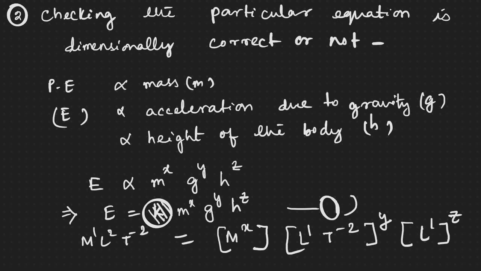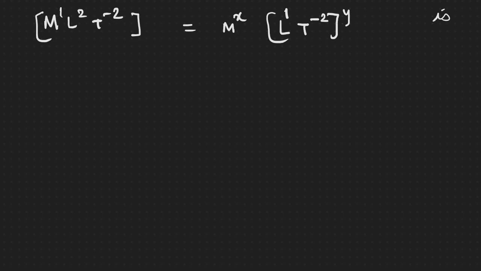So we will equate it again. I am writing it again. It equals M1 L2 T minus 2, because energy is force into displacement. And here we have written M to the power X, L1, sorry, L is 1 only, T minus 2 to the power Y, and L to the power Z. That's what we have written, right?